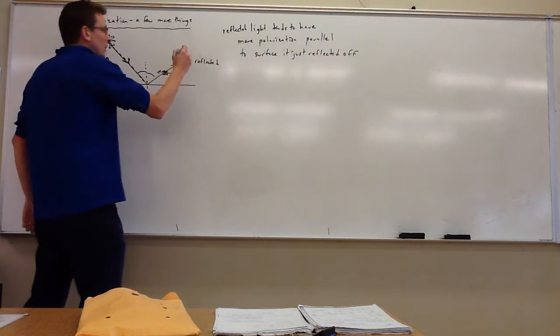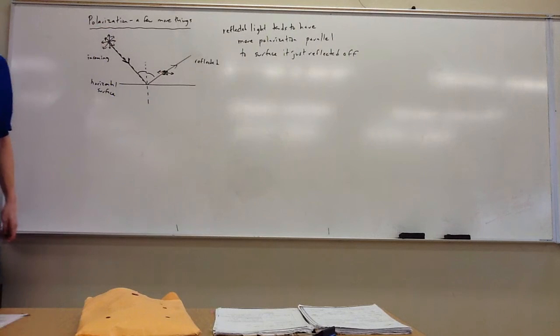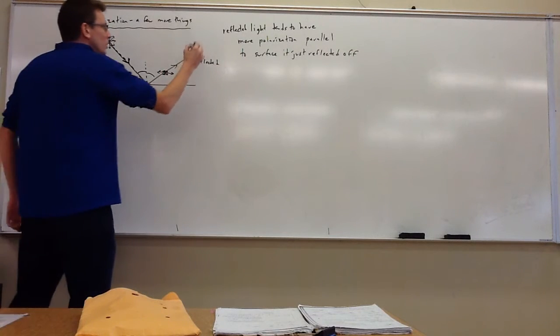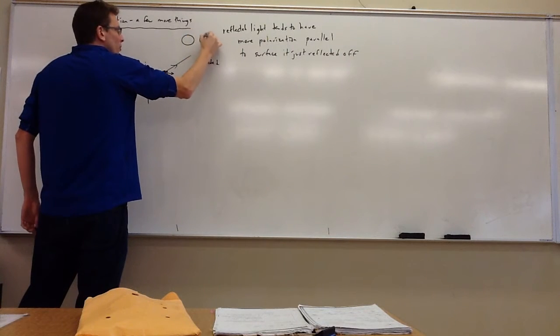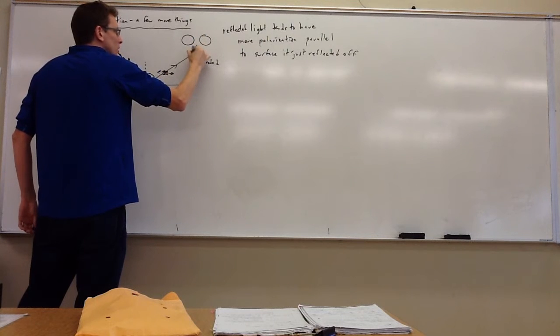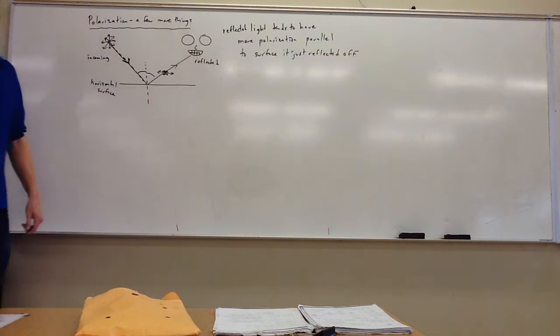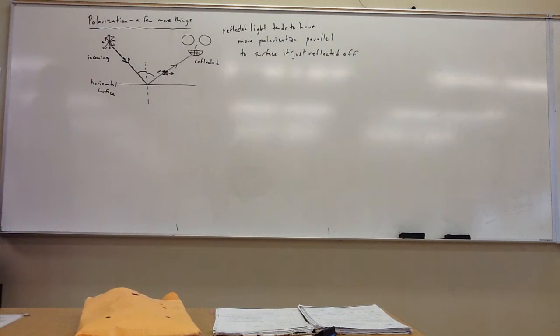So, if you want to block that reflected light as much as possible, you put your sunglasses on, your polarizing sunglasses, and which way do you want your transmission axes to be? If you want to block as much of this as possible.